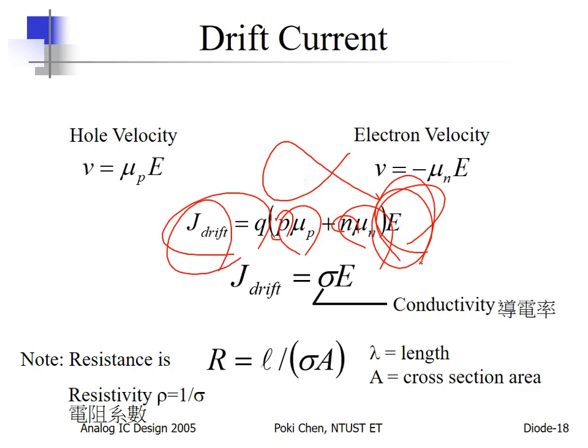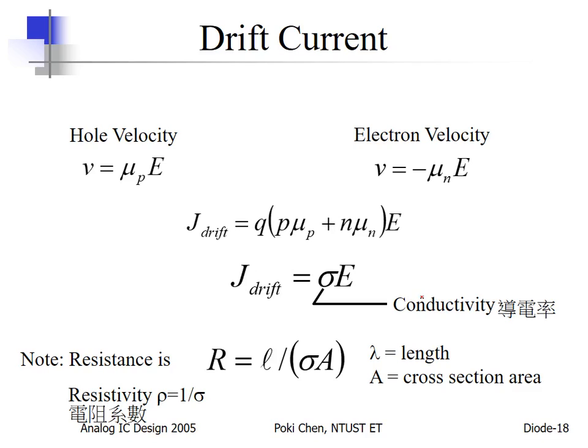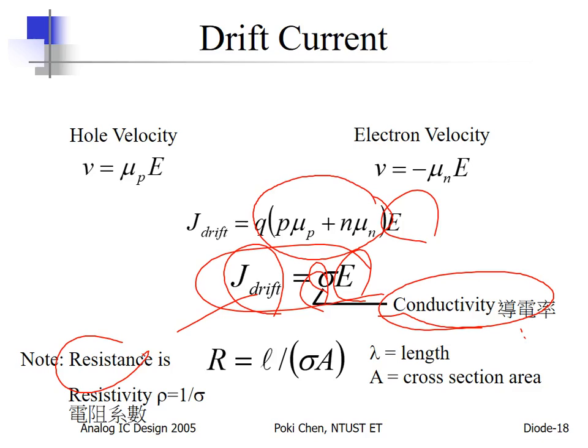If you enlarge the field, you get more current. So in sum, if all of those are fixed except for E, then this is some kind of proportional constant. The current density is proportional to the electrical field, and the proportional constant we call conductivity. And this is the base for what? Ohm's law. Just do it by yourself.